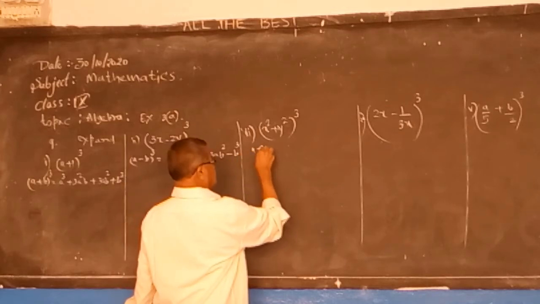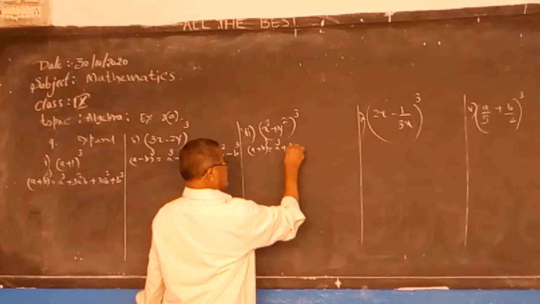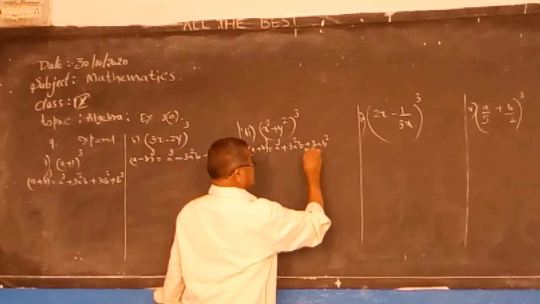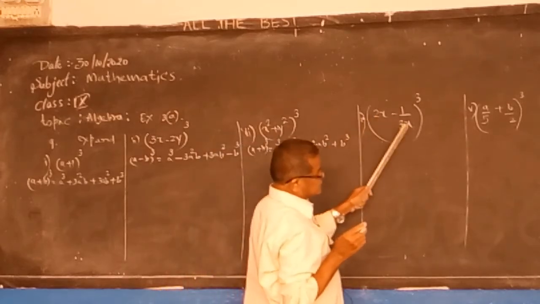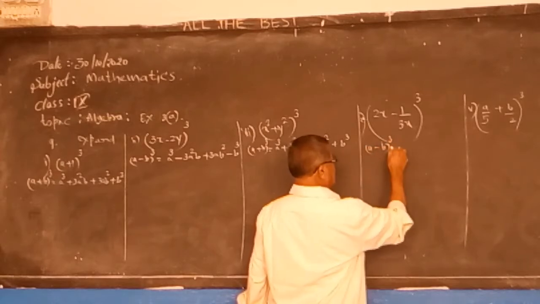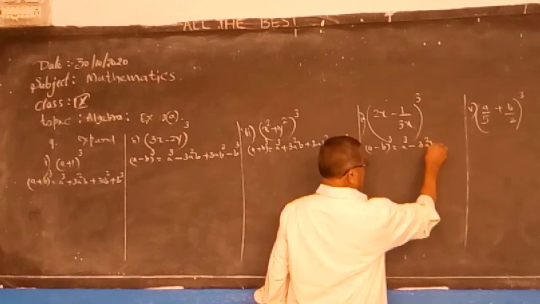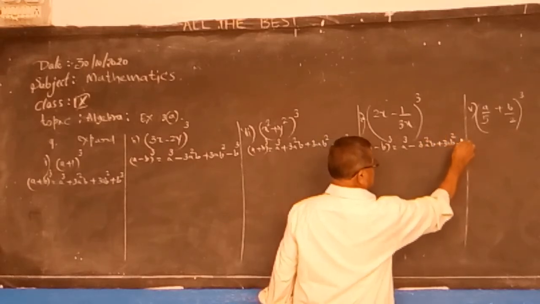(a + b) whole cube. First write the formula: a cube plus 3a squared b plus 3ab squared plus b cube. This is (a − b) whole cube: a cube minus 3a squared b plus 3ab squared minus b cube.